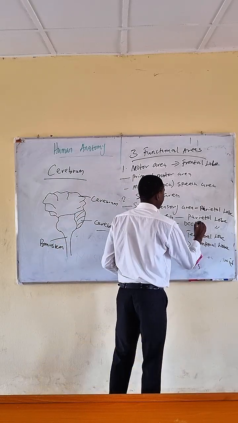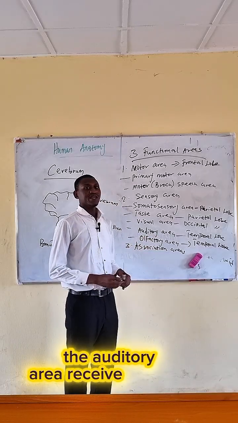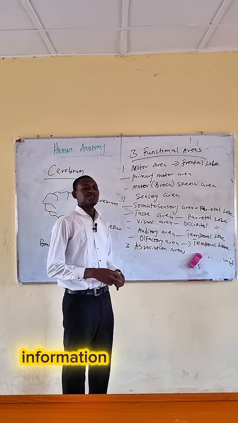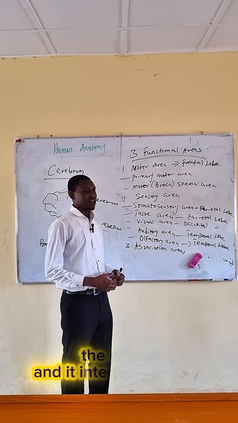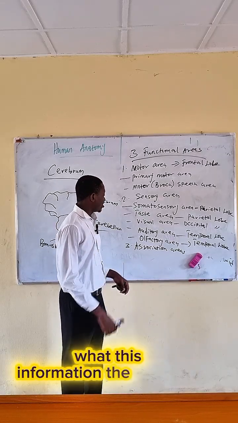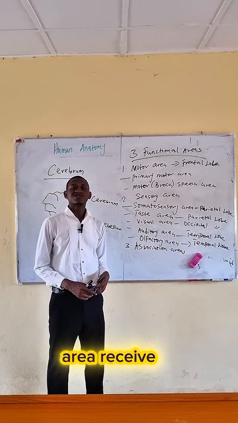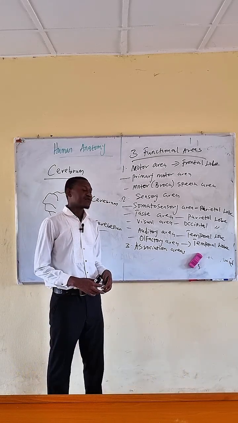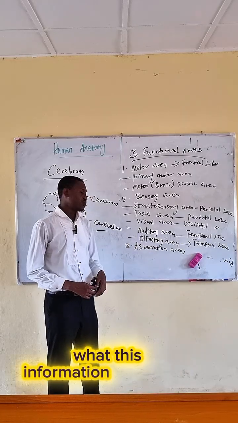While the auditory area receives auditory information for hearing. It receives the information from the ear and interprets this information. The olfactory area receives information from neurons in the nose and interprets this information.